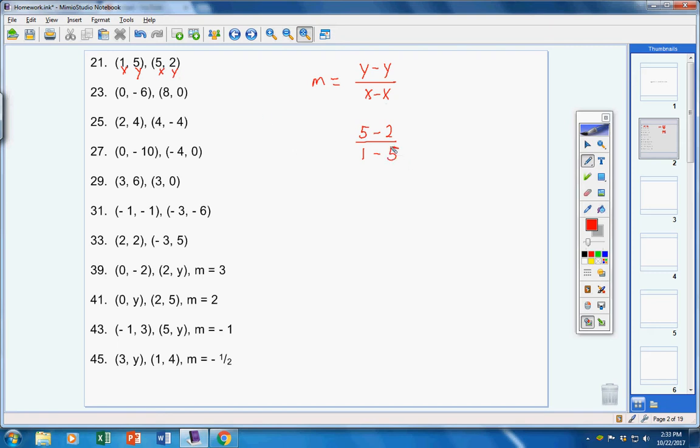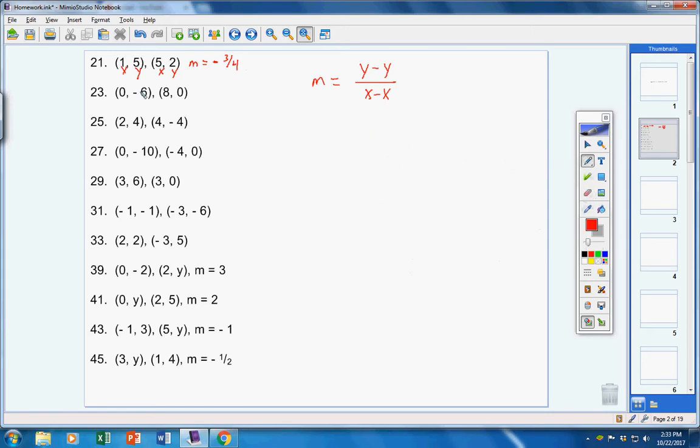So there we go. Positive 5, negative 2, positive 3; positive 1, negative 5, negative 4. Positive over negative is negative, 3 over 4 is 3/4. So the slope of the line that passes through these two ordered pairs is negative 3/4.